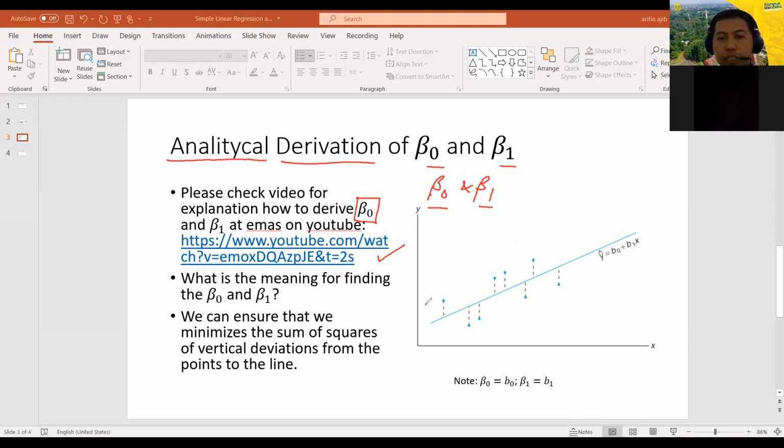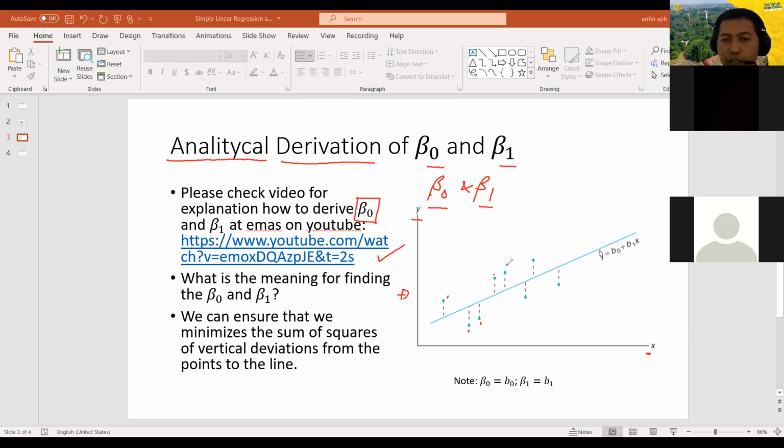Okay, please look at this graph. For example, this is the relation between two data, y and x data, and the two data map to certain points. You can see here this point, this point, this point.